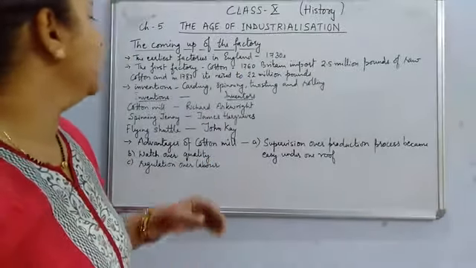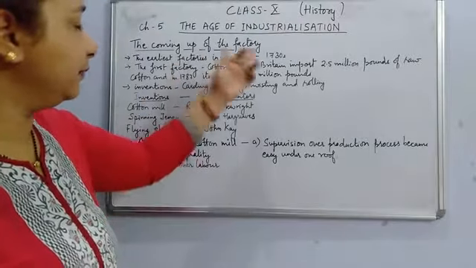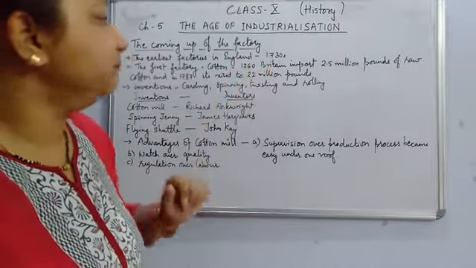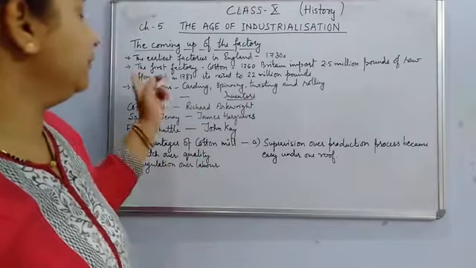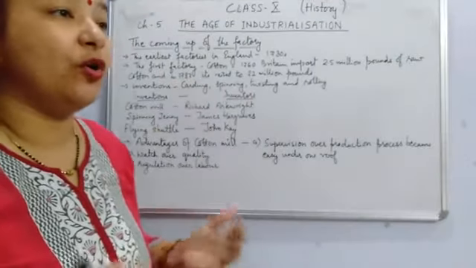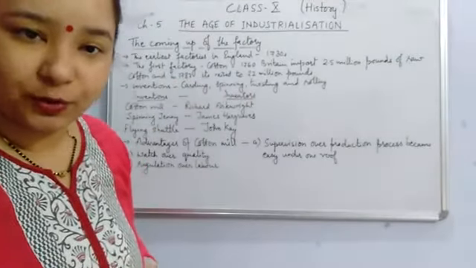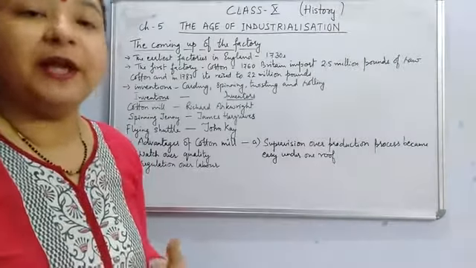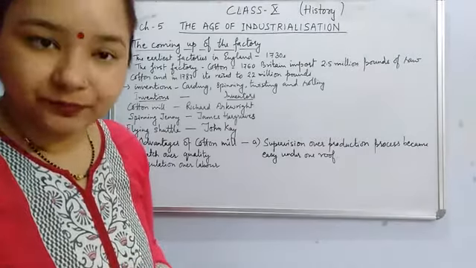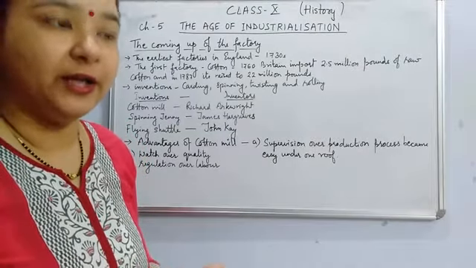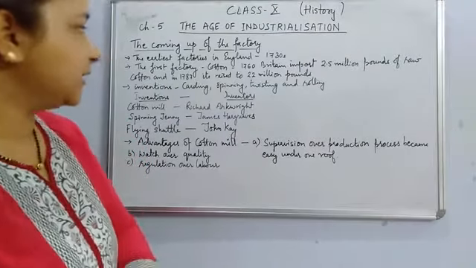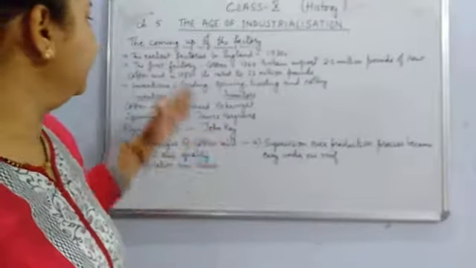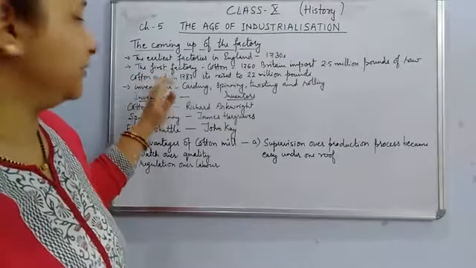Before that, we'll see this data. The first factory which appeared on British soil was of cotton. There were reasons why cotton and not any other factory or industry. We'll discuss it in detail, just watch the video till then.